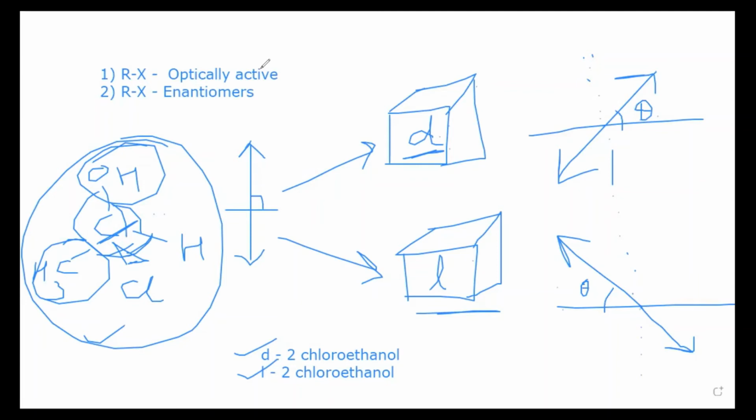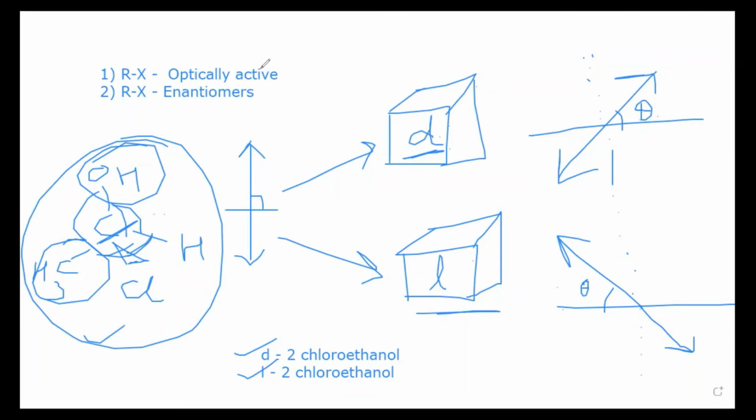That's the only difference between D and L isomers. Rest everything is the same: the molecular formula is the same, the configuration will be different, but the three-dimensional structure of these compounds will look exactly the same. The only difference between them is that one is rotating the plane of polarized light towards the right, the D isomer, and the other one, the L isomer, is rotating the plane of polarized light towards the left.